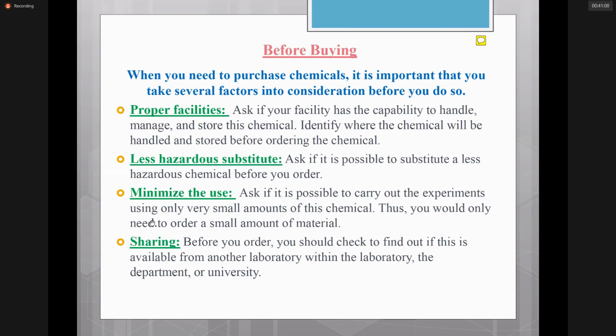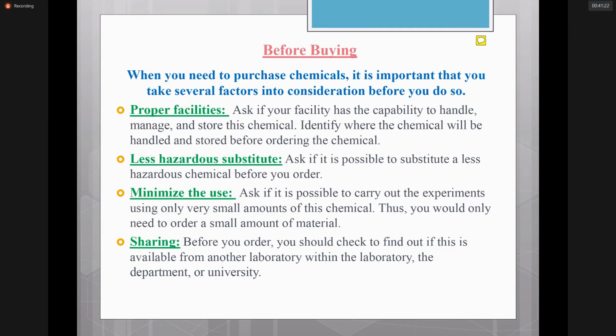Ask if it is possible to carry out the experiment using a very small amount of this chemical. As we said, the less, the safest. So we always use the amount of chemical as needed in the experiment only.